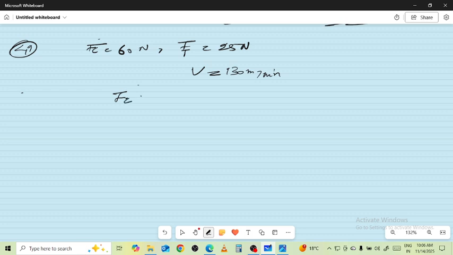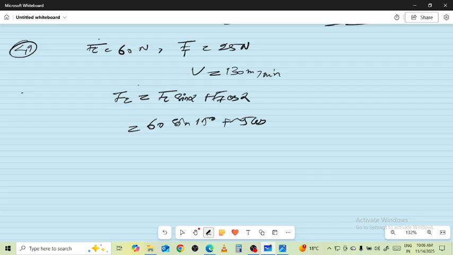Friction force F is equal to FC sin alpha plus FT cos alpha. 60 sin of 15 degree plus 25 cos 15 degree, whose value is to be 39.667.